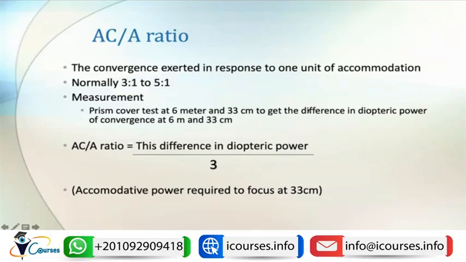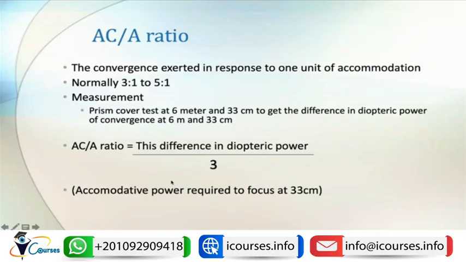So again, the ACA ratio will be the difference in the dioptric power between when the patient is looking far and when the patient is looking near, measured in diopters, divided over 3. So if it is 3:1 or 2.5:1, this is normal.